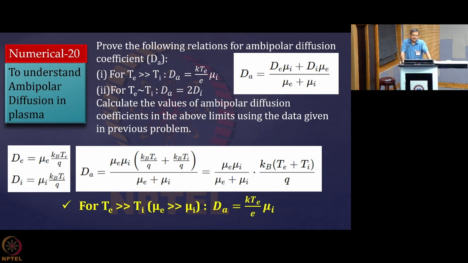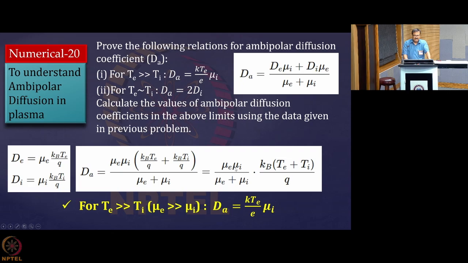So let us go to this. From the Einstein relationship, we know that D_e is this one, D_i is this one, and D_A is this one. So if we put the D_e value over here and the D_i value over here, what do we get? This expression we get. And what we finally get is D_A equal to mu_e mu_i by (mu_i plus mu_e) times k(Te plus Ti) by Q. So when Te is much greater than Ti, the first case, we see that mu_e is much greater than mu_i.